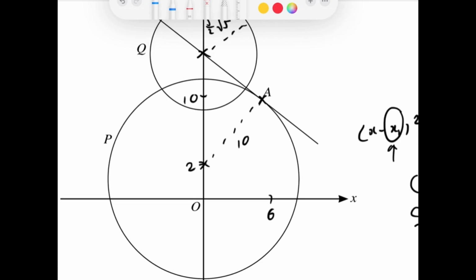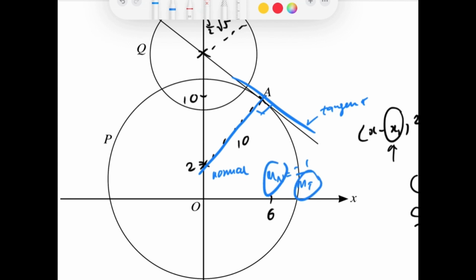So this is your tangent, right? And this is your normal. This is 90 degrees. And I can only find the gradient of my tangent if I find the gradient of my normal, and I use that equation that I spoke of earlier, mn equals negative 1 over mt, which is gradient of normal, gradient of tangent. So how do I find the gradient of the normal?